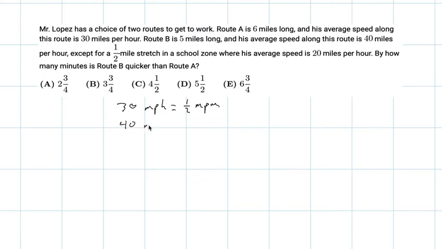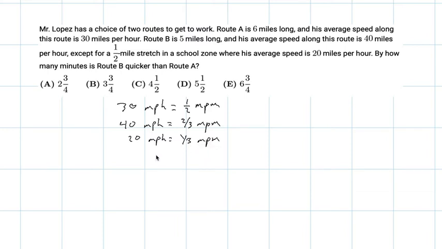So 40 miles per hour, that's the same thing as going 2/3 miles in a minute. And then for 20 miles per hour, that is the same as 1/3 miles per minute.